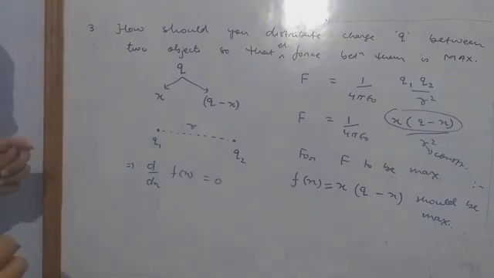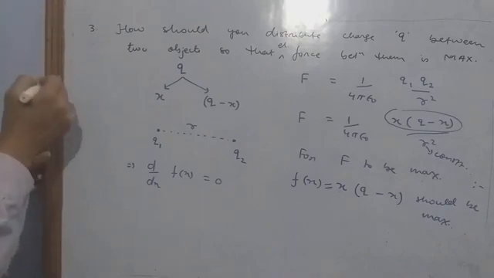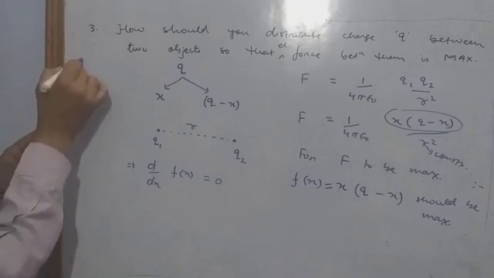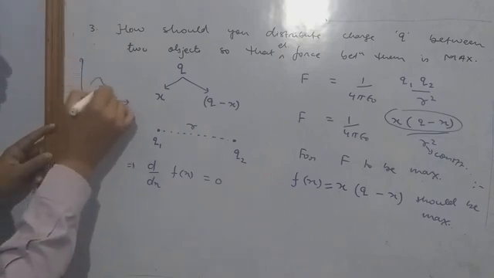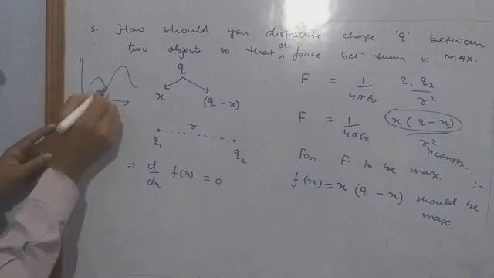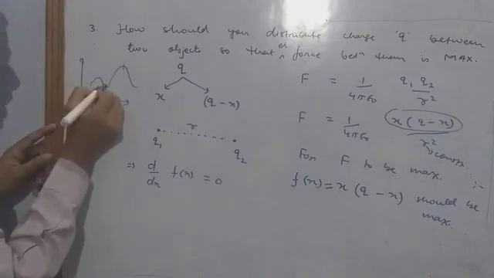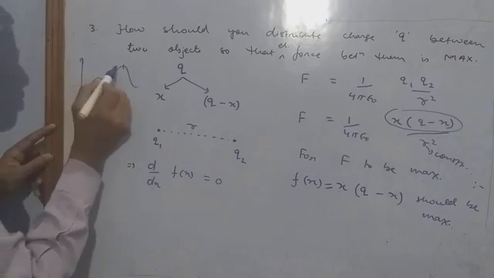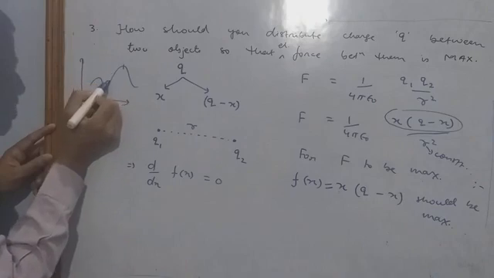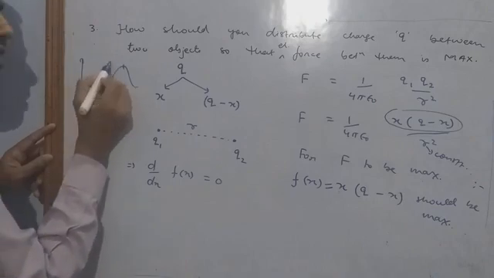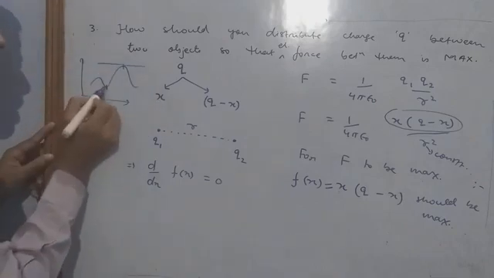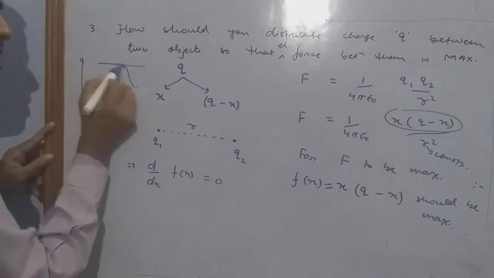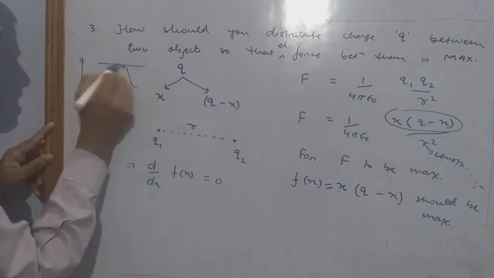Let me remind you, students, particularly those who belong to biology group who have not opted for maths, that if there is any function and we draw its graph like this, then at the points of maxima or at the points of minima, the slope of tangent. Now, what should the tangent look like at this point? It will be having some slope, but at the point of maxima, the tangent will be like so. At the point of minima also, the tangent will be like so. If the tangent is like so, do you think it has any slope?